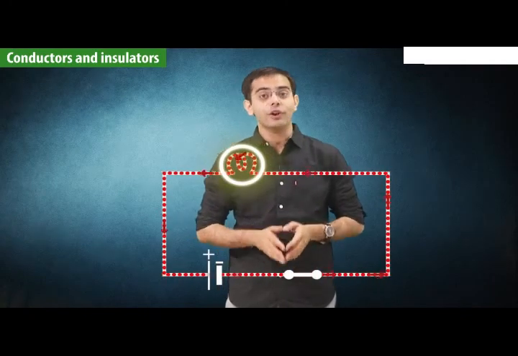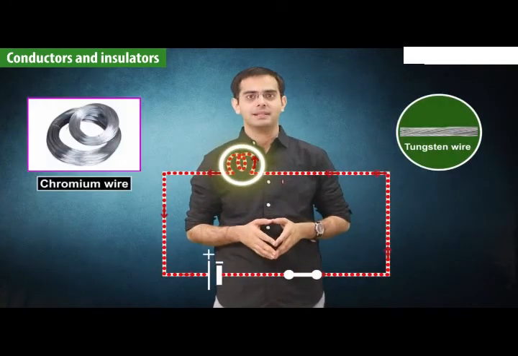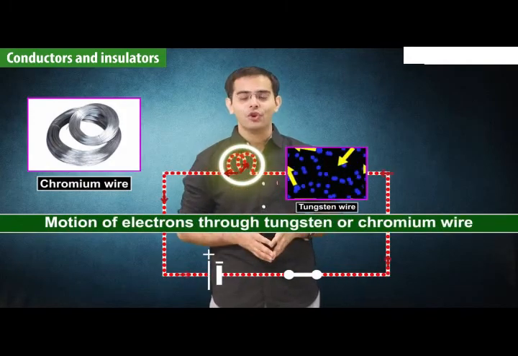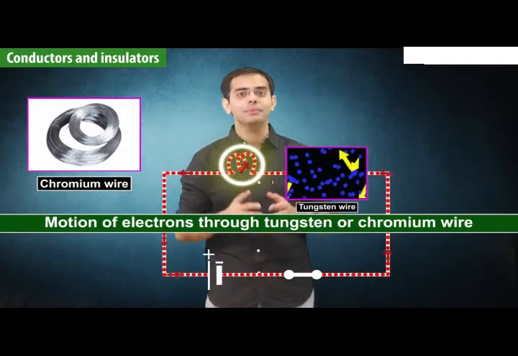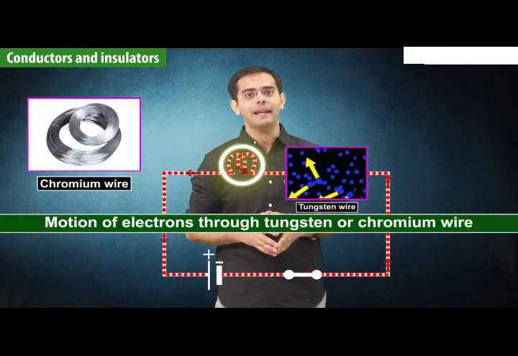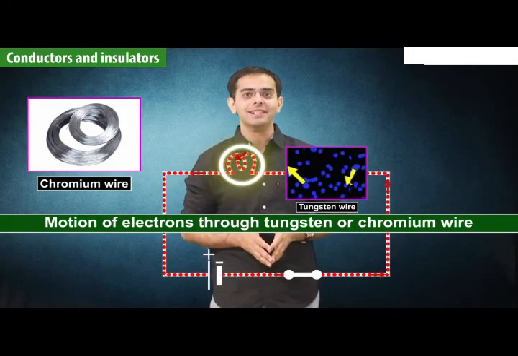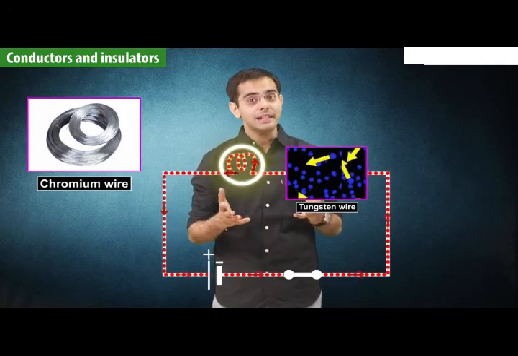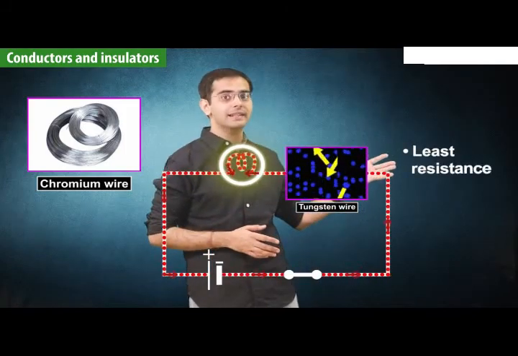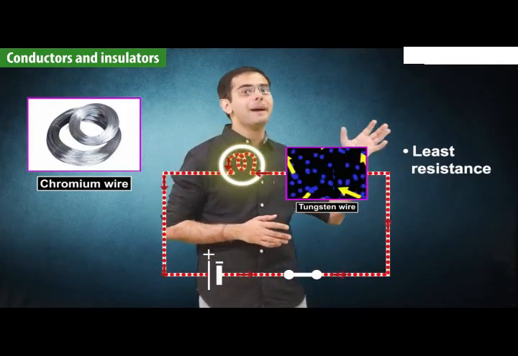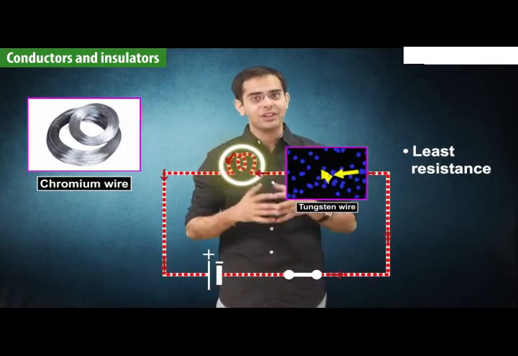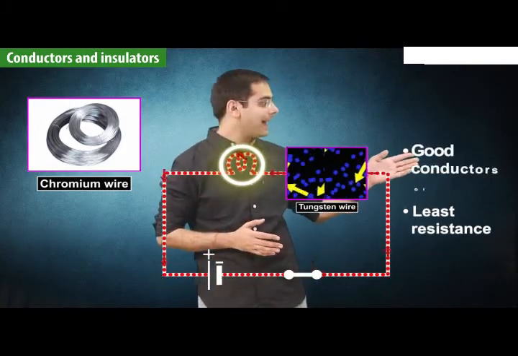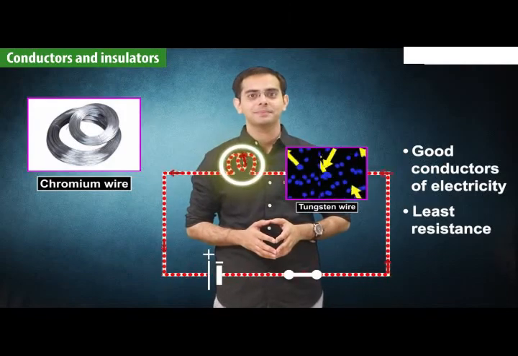While there are some materials that offer more resistance, like we can see in the case of tungsten and chromium metals, where the motion of electrons is opposed by their inherent characteristic which is known as resistance. And the materials which offer least resistance and allow an easy passage of electrons or electric current, we call them good conductors.